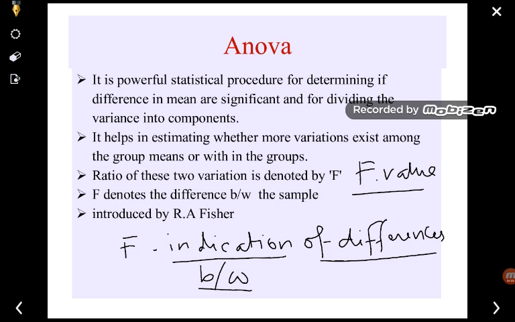Therefore the table we used to follow is the F value or the F ratio, and it was first introduced by R.A. Fisher. So Anova, that is analysis of variance, is a powerful statistical procedure for determining if differences in the means are significant or not.